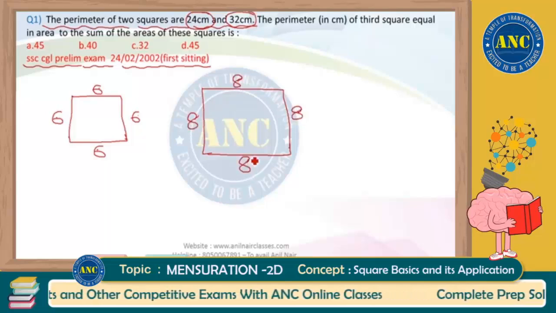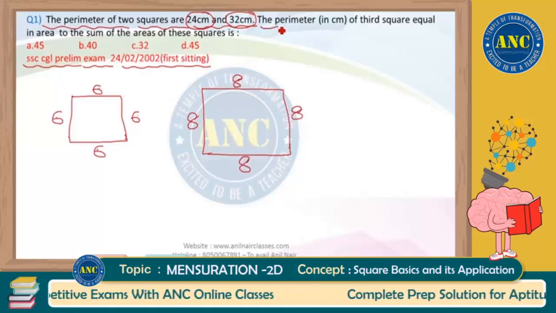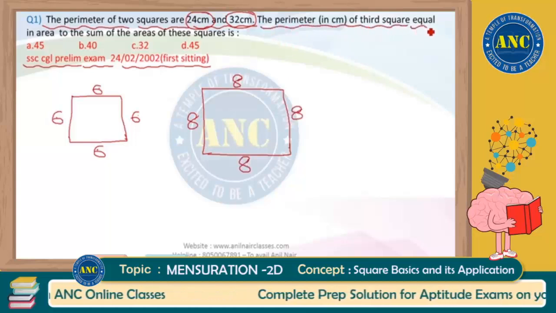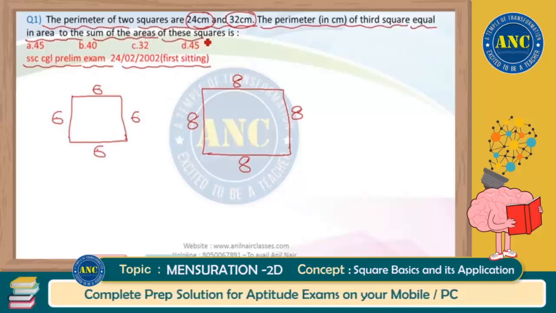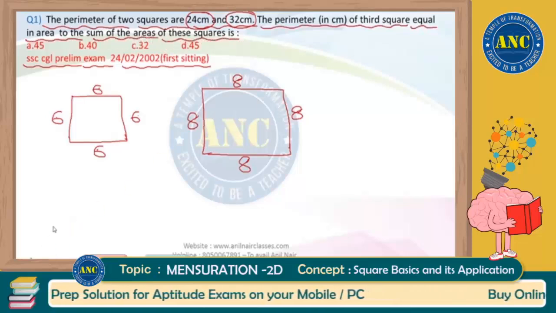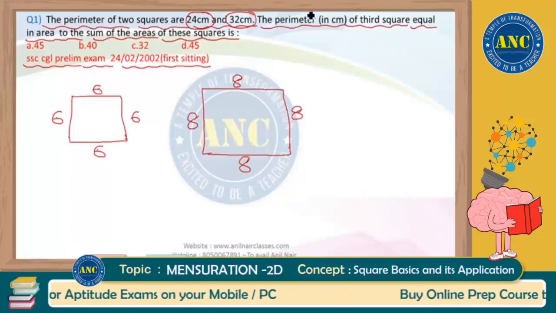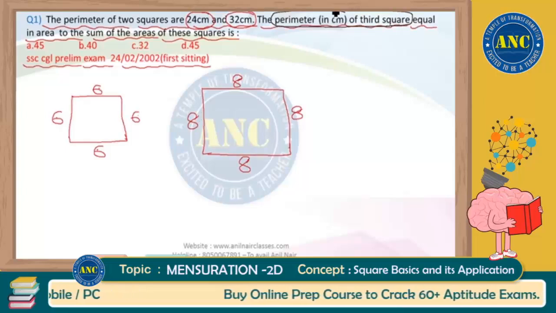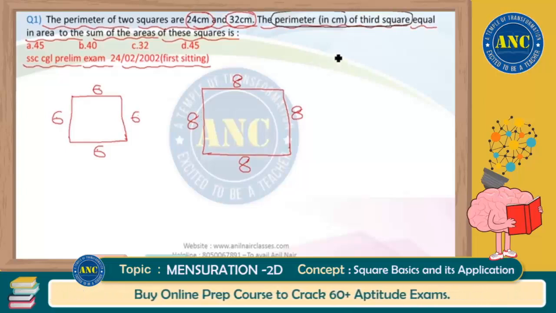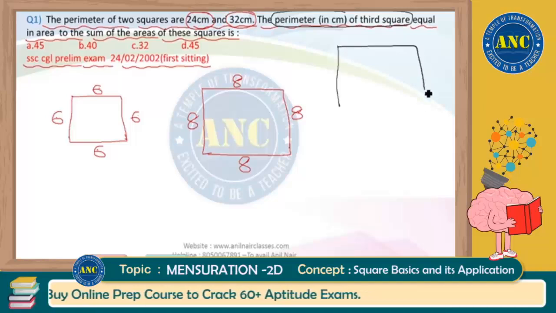This is the meaning of the first statement. The perimeter of a third square, equal in area to the sum of the areas of these two squares, is how much? The question is to find the perimeter of a third square. There is another square they are talking about.